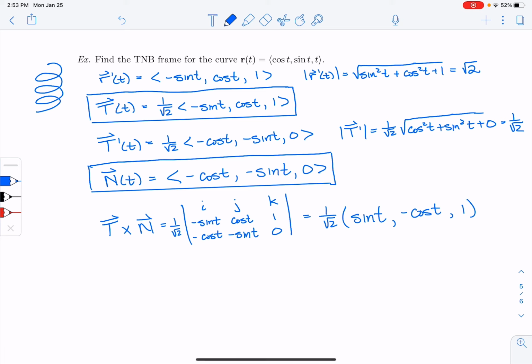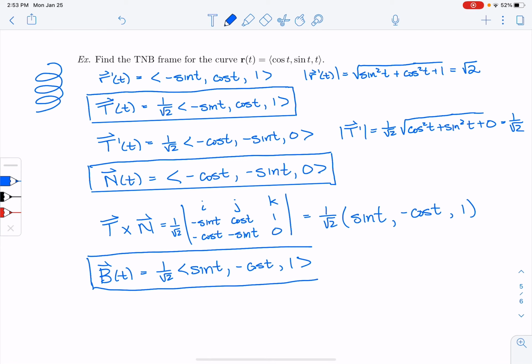And so that is my binormal vector. So B of t in this case is 1 over square root of 2 times sine t, negative cosine t, and 1. And so those are the formulas for T, N, and B.